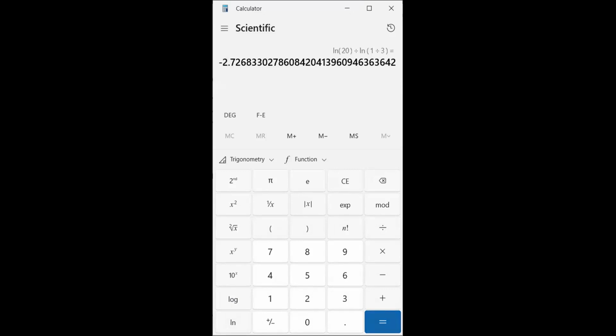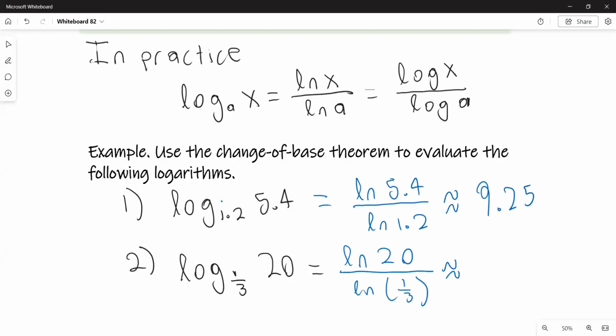And that's going to be about negative 2.73. Okay, and that's it.